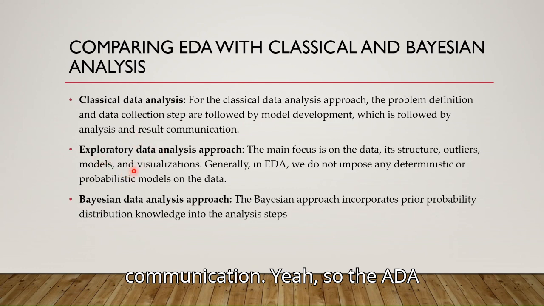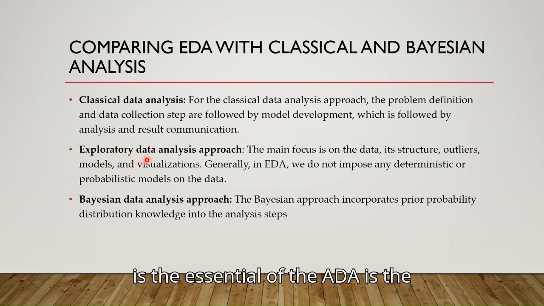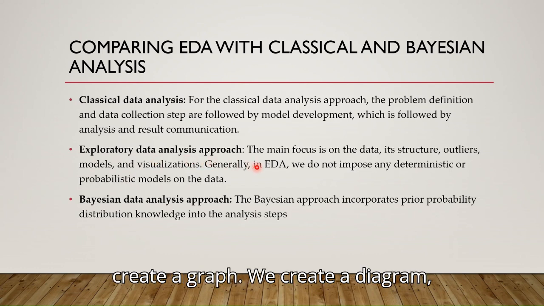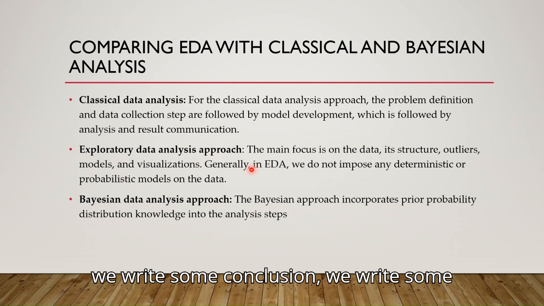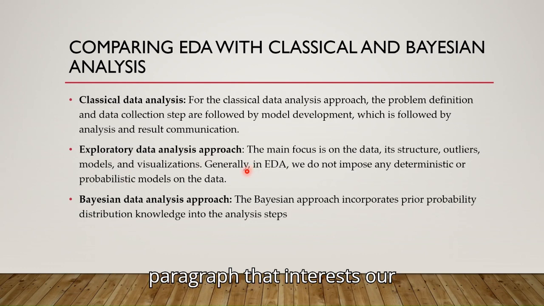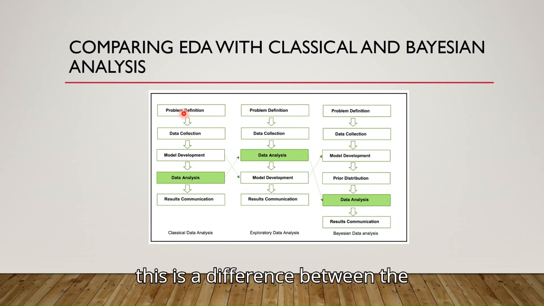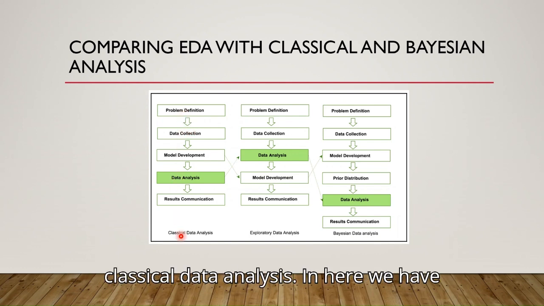The essence of EDA is the part when we visualize the data, we create a graph, we create a diagram, we write some conclusions, we write some paragraphs that interest our stakeholder or our boss. So this is a difference from classical data analysis.